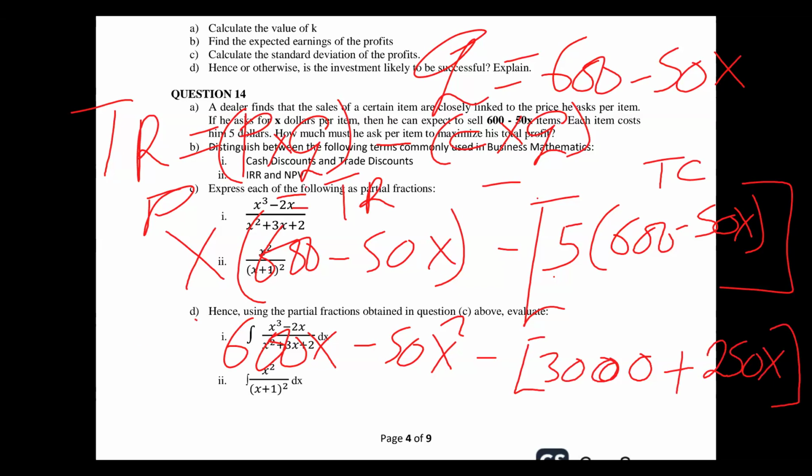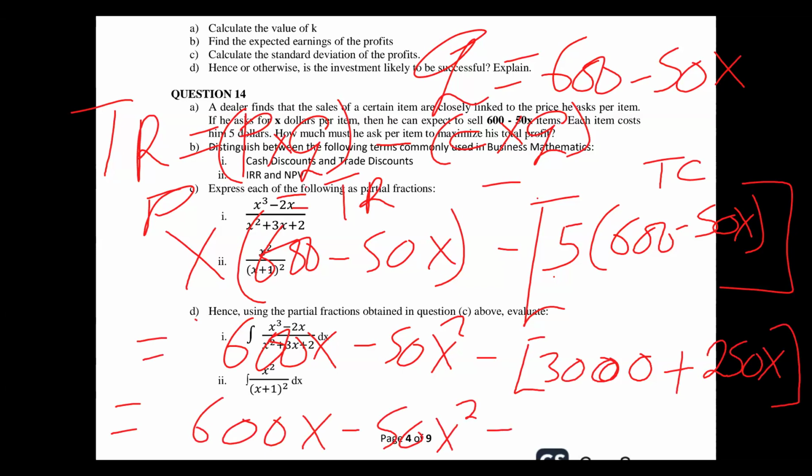And then you can expand from here. You will have 600x minus 50x squared minus 3,000 minus 250x. Okay, so what are we going to do from here?